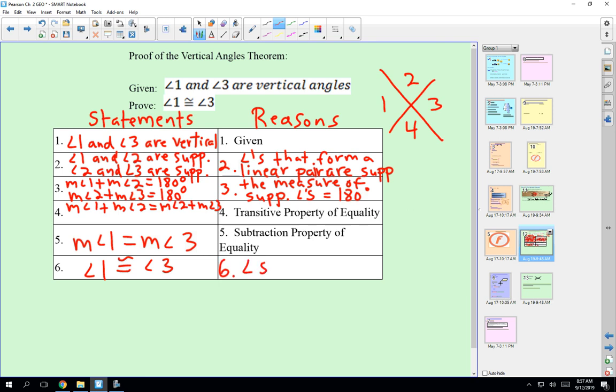So angles with the same measure are congruent.